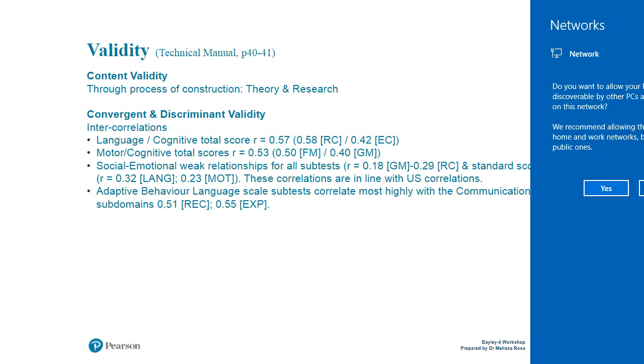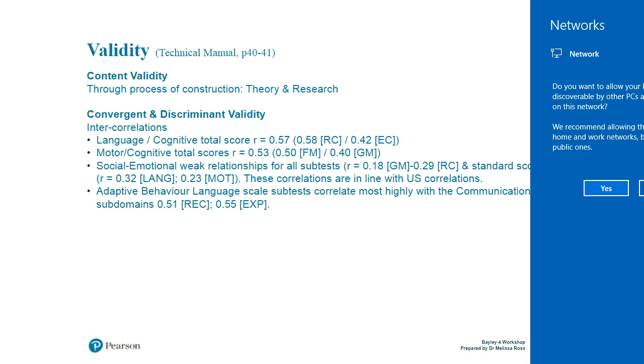To look at convergent and discriminant validity, we need to consider the intercorrelations between the various subtests and between standard scores. In this case, the lower the correlation, the better. When we look at the intercorrelations on this slide, the scores show overlap. You may be thinking, shouldn't they be measuring something different? However, you need cognition to perform motor tasks.